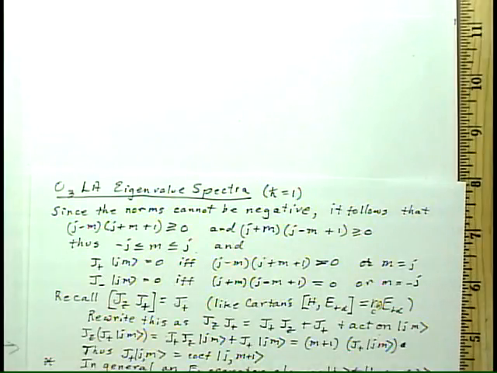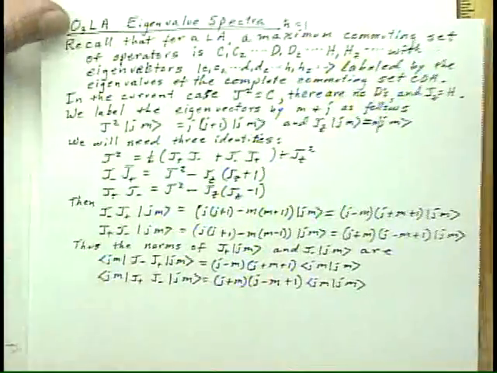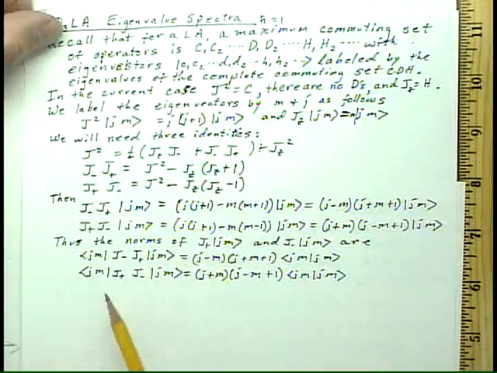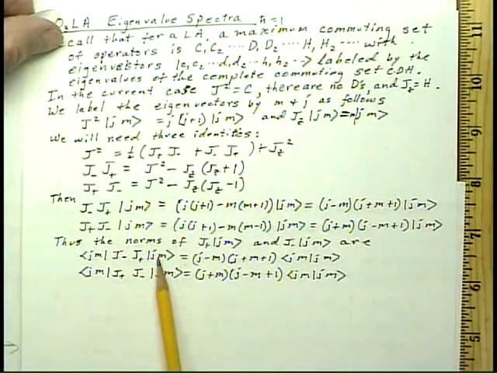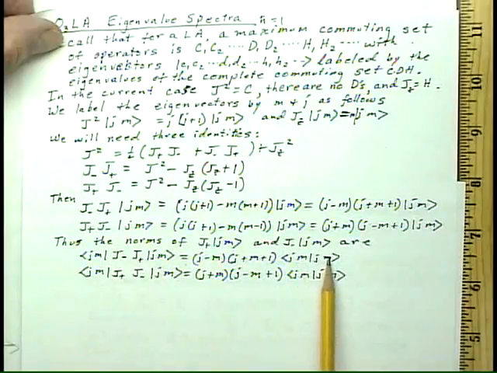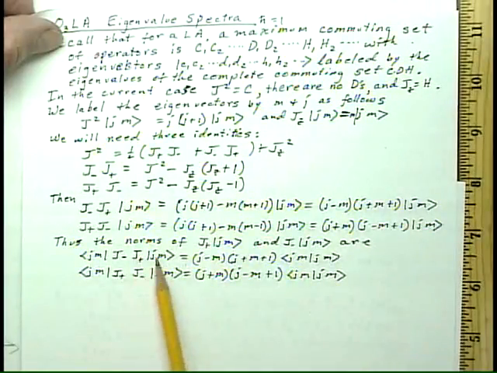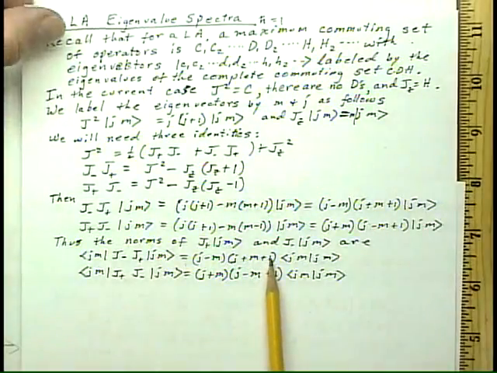Thinking back to the norms that we previously had in our work here, we realized that the norm of this vector here is positive, the norm of this vector is positive, and the norm of this vector can be 0 only if this quantity here vanishes.